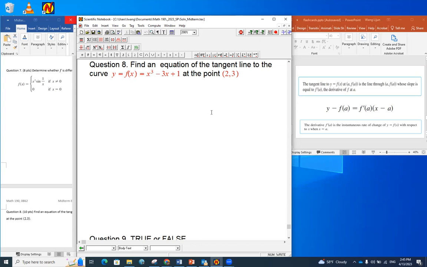In order to find the slope of the tangent line, we know that a equals 2 in this case. So the derivative of the function at 2 is the slope of the tangent line passing the point.